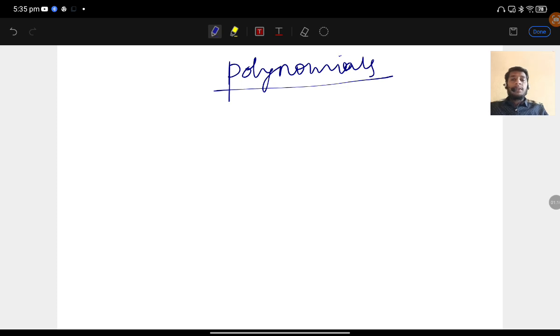Today I chose a topic that is polynomials. From the point of view of examination, this is the most important and very easy topic for class 10th, because in MCQs and the 1 mark and 2 marks questions will come from this bit only.